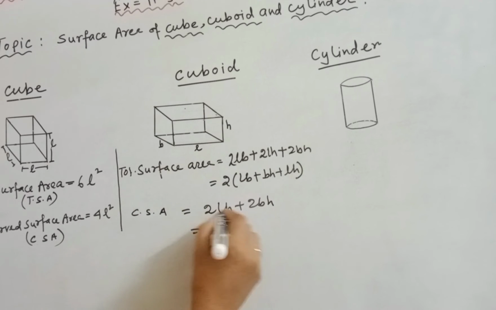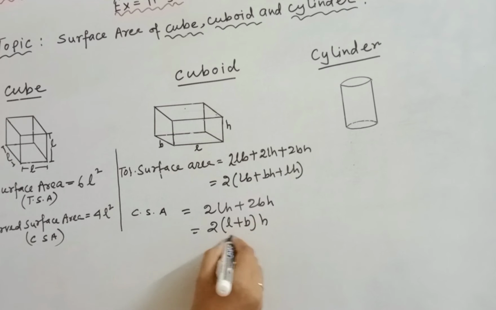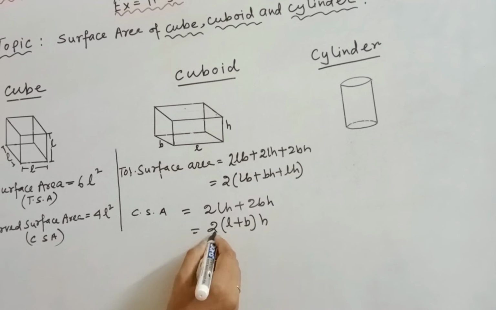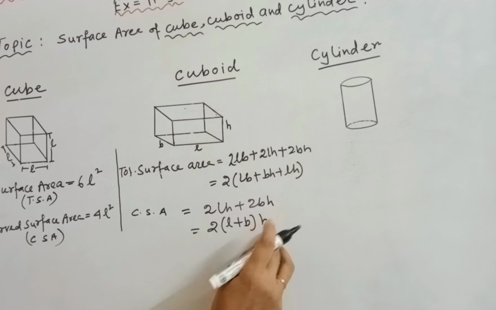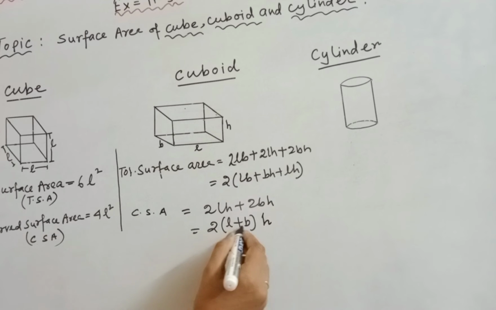Now you can take common again 2, L plus B inside the bracket, and H is also common. So 2 into L plus B into H.